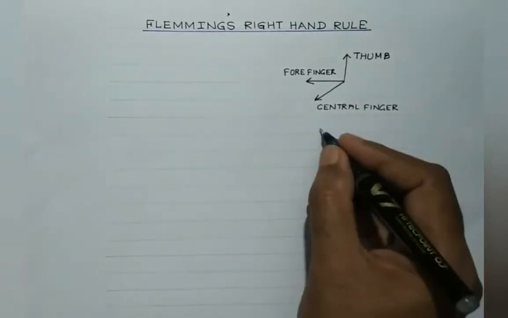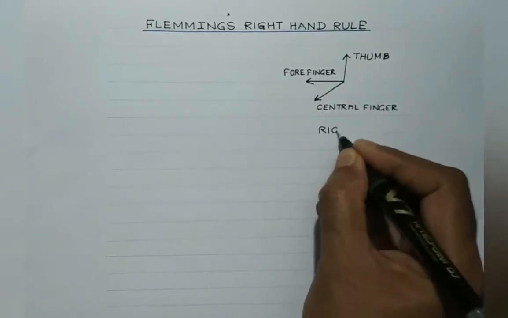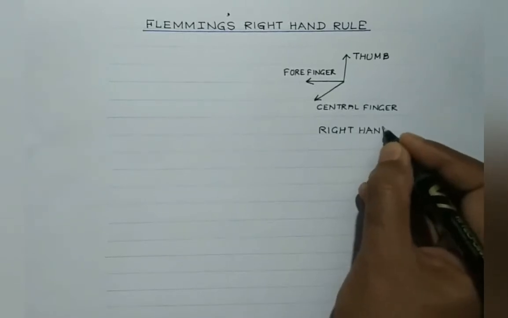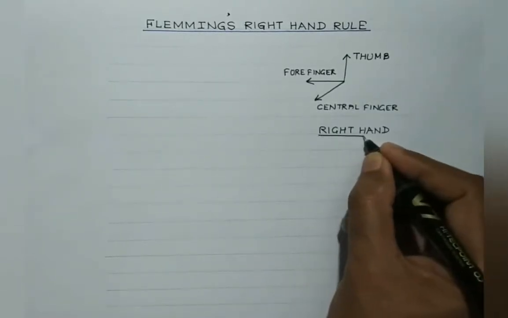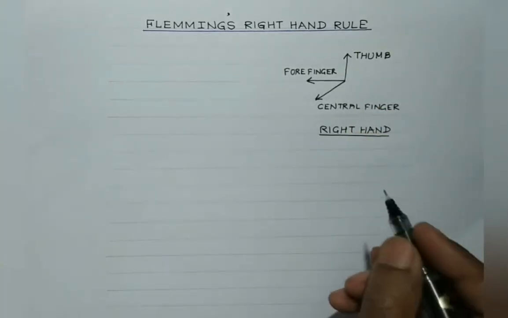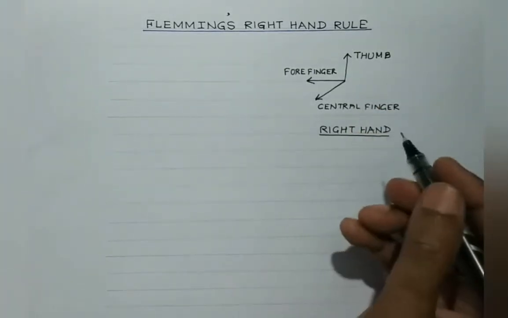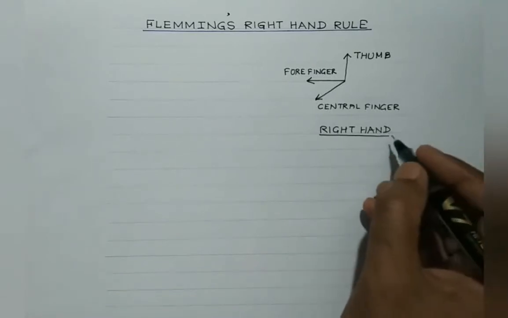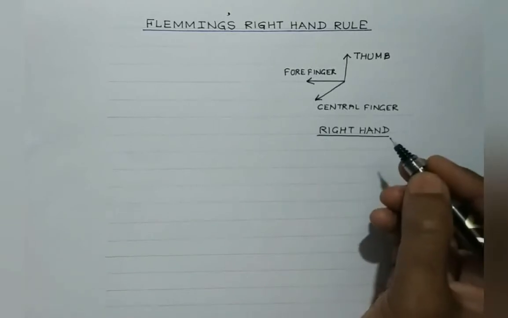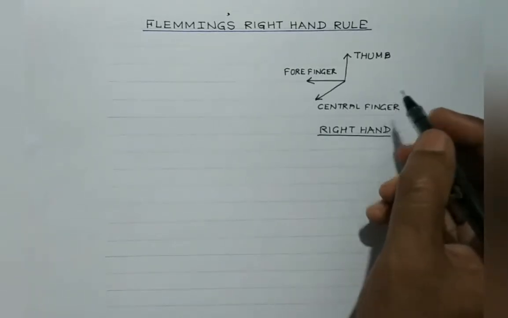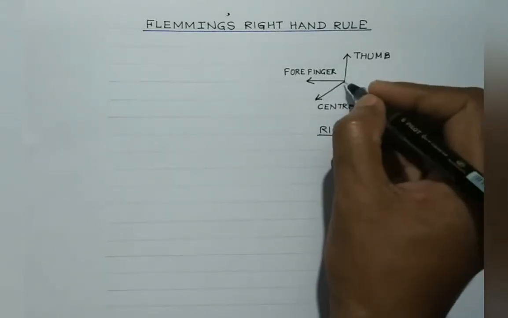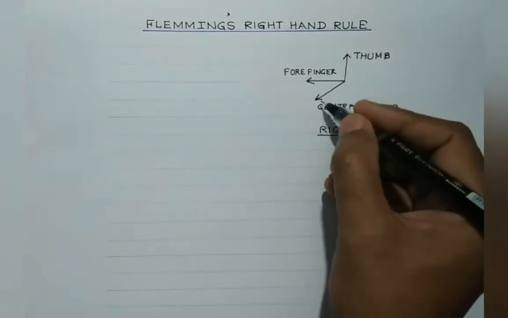And this is the right hand. So, in order to find out the direction of induced current produced in a coil, whenever it is moved under the influence of a perpendicular magnetic field, we make use of Fleming's right hand rule. So this is the right hand, and this is the thumb, this is the forefinger, and this the central finger.